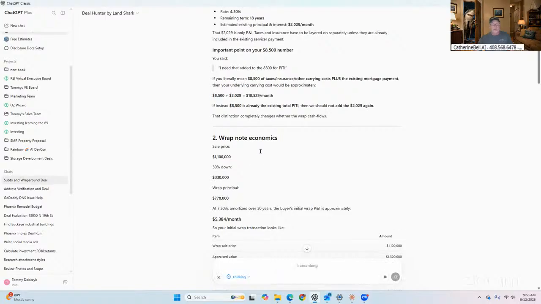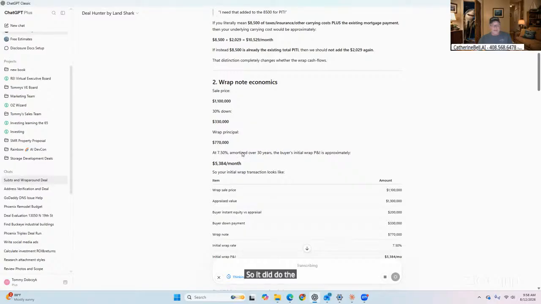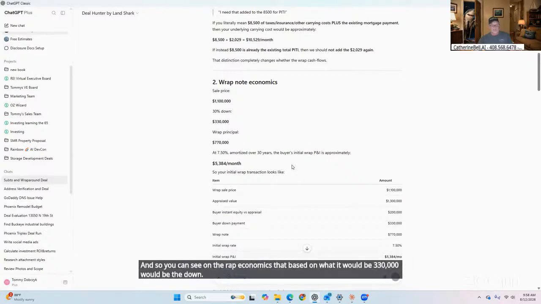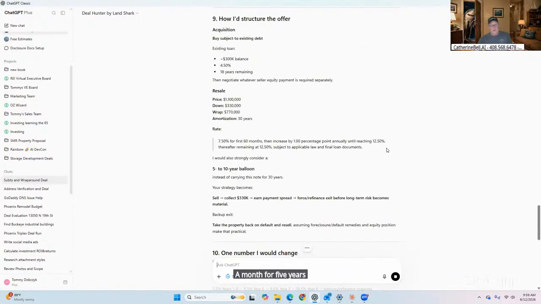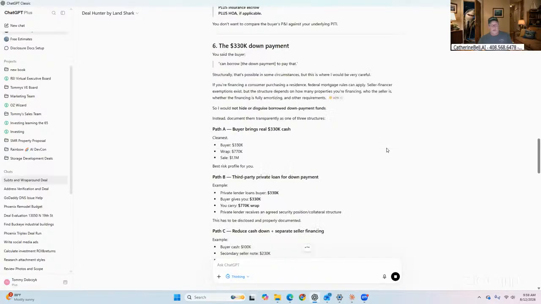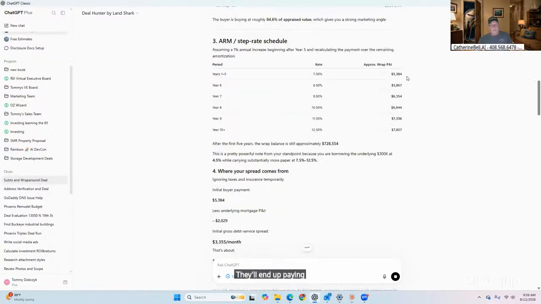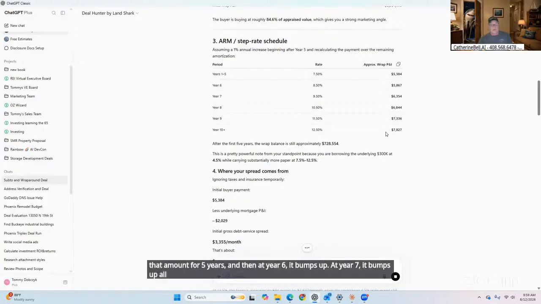So it did do the wrap economics correctly. You can see on the wrap economics that 330,000 would be the down. They're going to pay 53.84 a month for 5 years. Then at year 6 it bumps up, at year 7 it bumps up, all the way up to 78.27 at year 10.